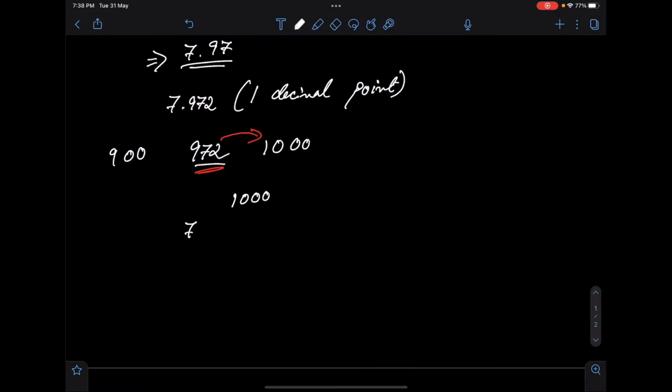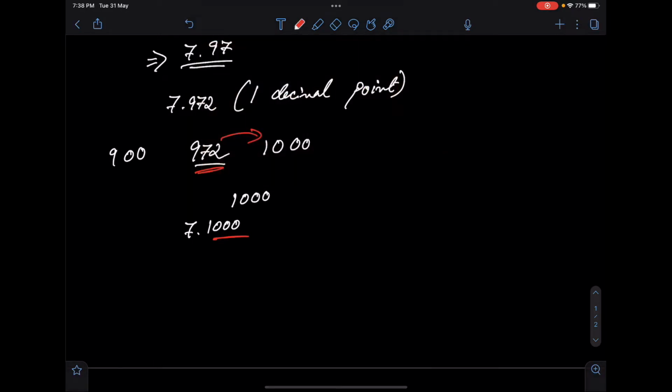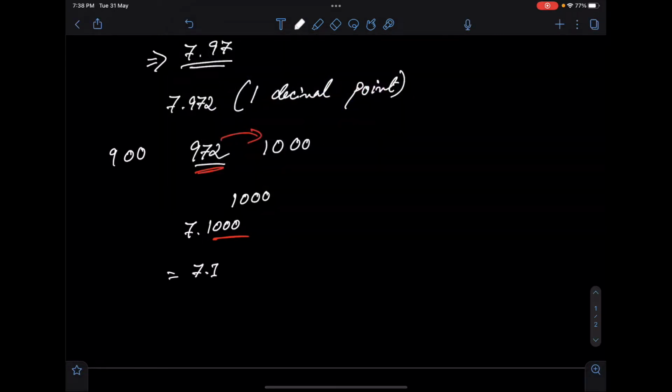Can I just simply neglect the zeros after the decimal point, right? So it is equivalent to 7.1, but the question was 7.972, and the answer even after sealing goes down to 7.1. Did I do the right thing? Of course not. I absolutely did not do the right thing.